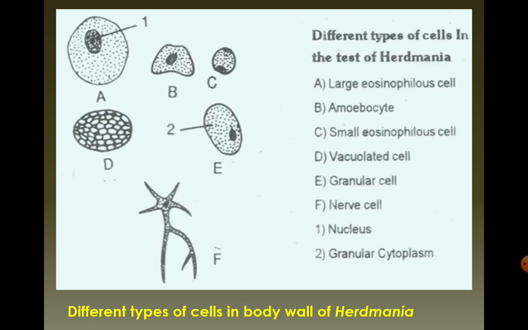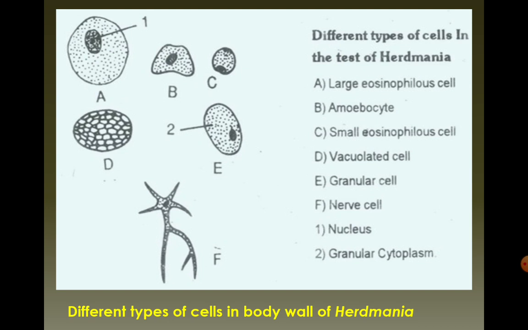Now this picture gives you an exact idea of how these cells look. The first one, labeled A, is the large eosinophilous cell that stains easily with eosin. B is an amoebocyte because of its irregular structure, and C is a small eosinophilous cell with an eccentric nucleus. You observe the nucleus is present towards the periphery.